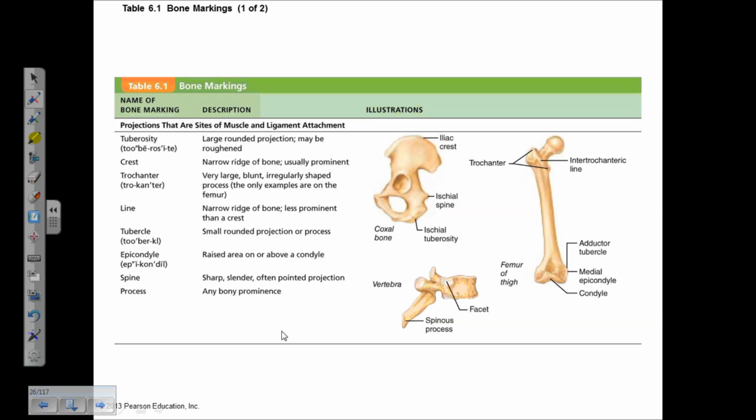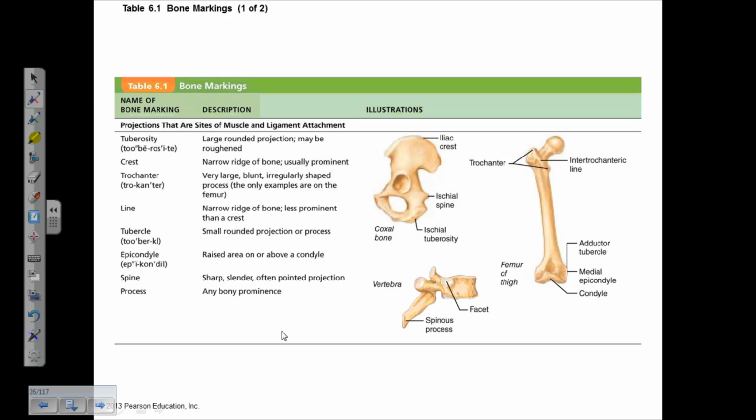So here are the projections. Crest, the iliac crest. Spine. Don't know if you can see that. The microscope is not in the right place for me. Spine, that's going to be the iliac spine.